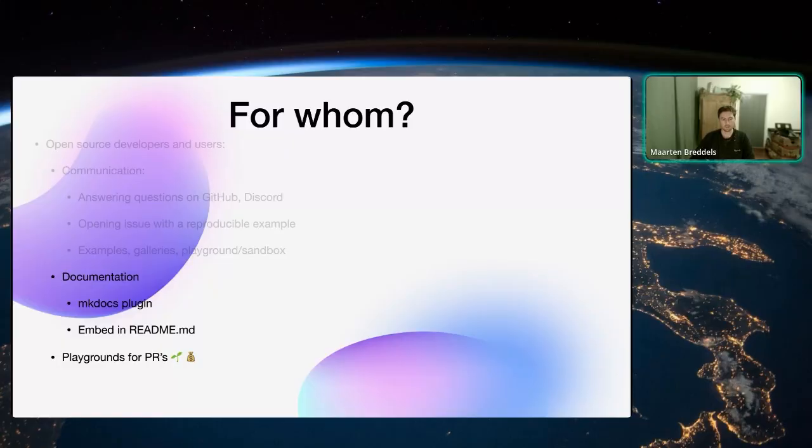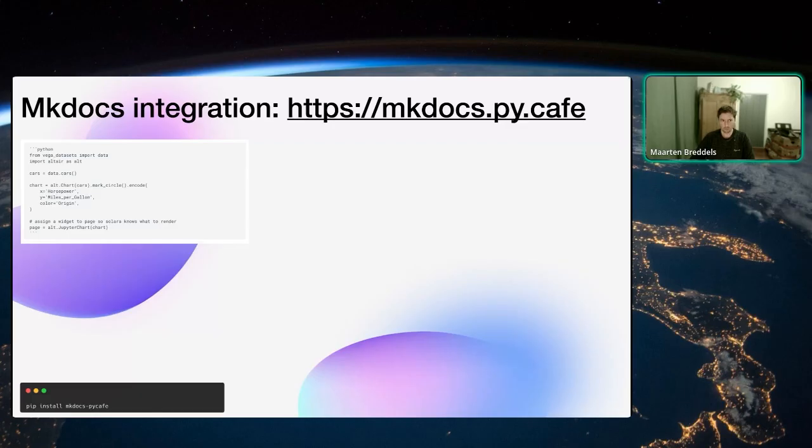And the next thing I want to talk about now is documentation. What we noticed is that a lot of the time you put code in Markdown, for instance if you use mkdocs, which is very common. You're probably familiar with three backticks, Python, some Python code, and it renders on your documentation site nicely formatted.